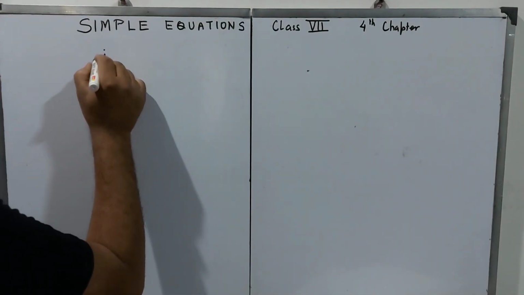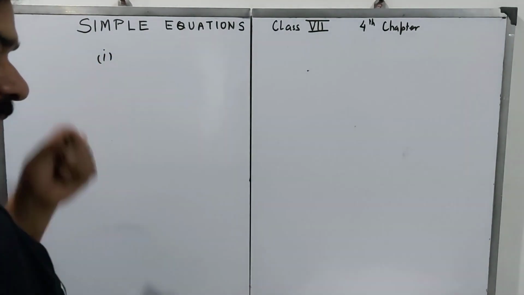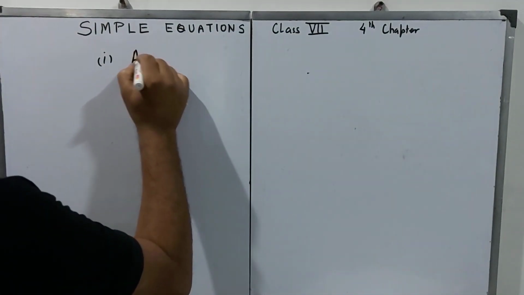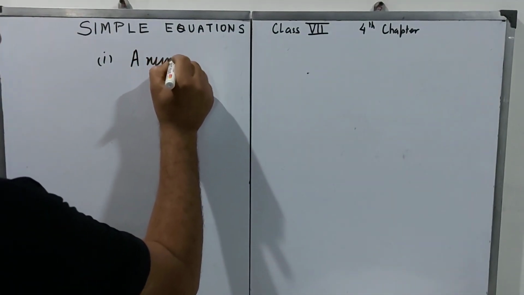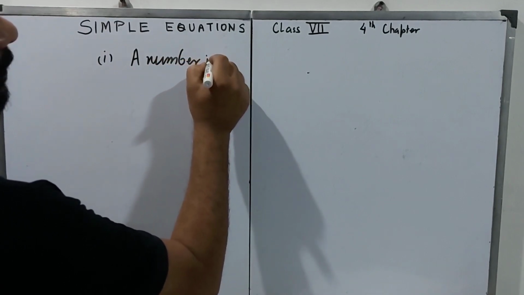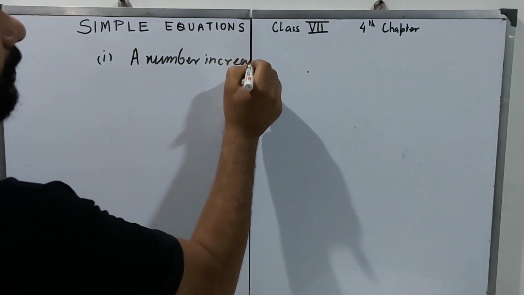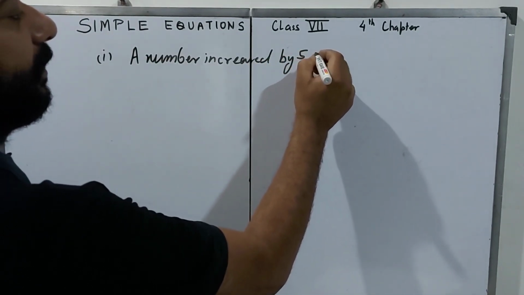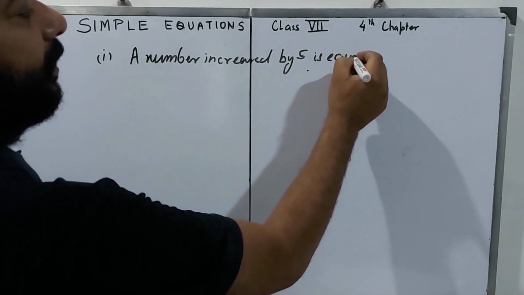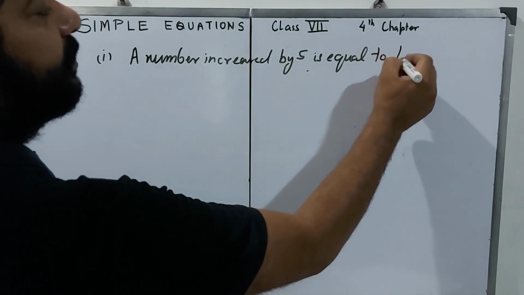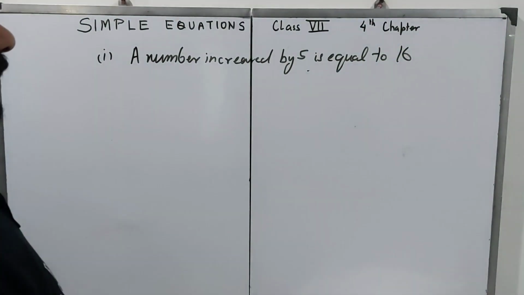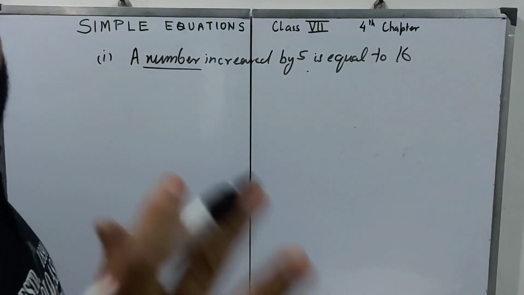Example 1: a number increased by 5 is equal to 16. In this mathematical statement, we don't know the number.